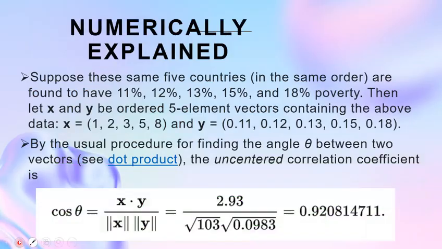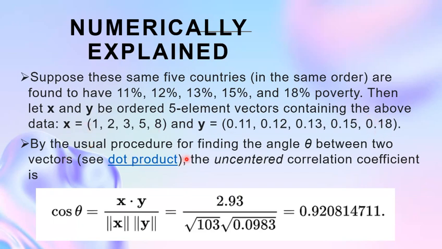So numerically, if the same thing is being explained, it would be expressed as follows. Suppose these same 5 countries, in the same order, like 1, 2, 3, are found to have 11%, 12%, 13%, 15%, and 18% poverty. Then let X and Y be ordered 5-element vectors containing the above data: X is 1, 2, 3, 5, and 8, and Y is 0.11, 0.12, 0.13, 0.15, and 0.18.